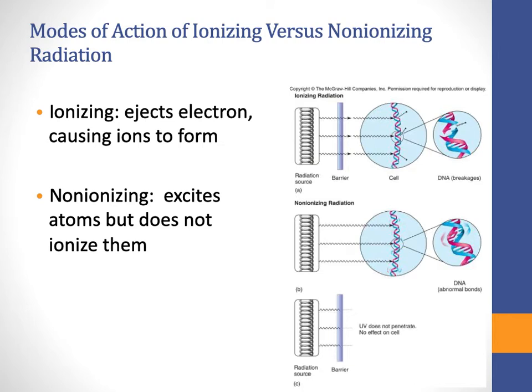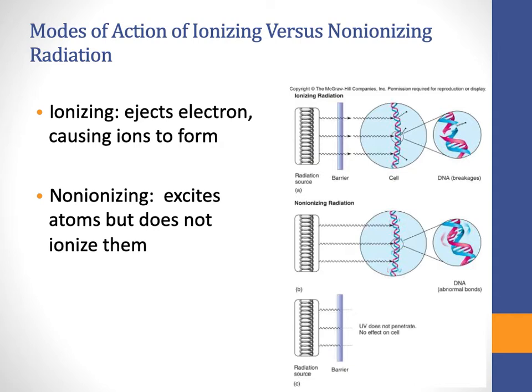There's also non-ionizing radiation. This is where atoms get excited, but we don't have the electron being ejected. So we don't get these ions being formed, but we do get abnormal DNA bonds, okay? These abnormal DNA bonds can lead to mutations, okay?